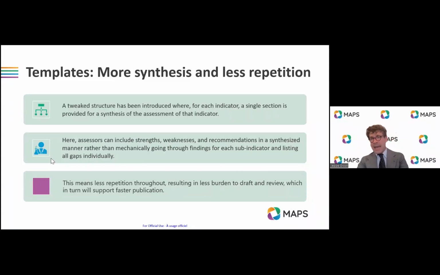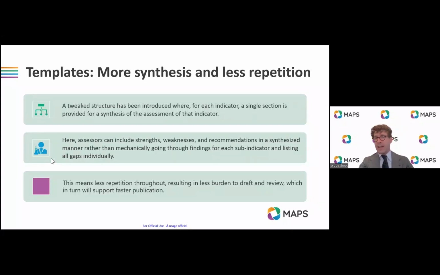So rather than mechanically going through each sub-indicator, the assessment report is now supposed to have a synthesis of the entire indicator, saying that, taking into consideration all findings here, what we see is the following.